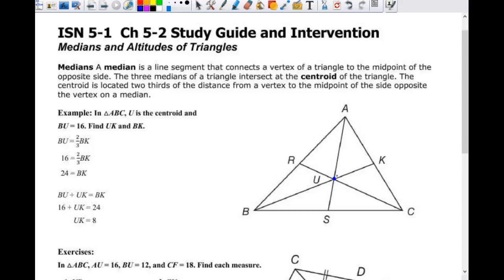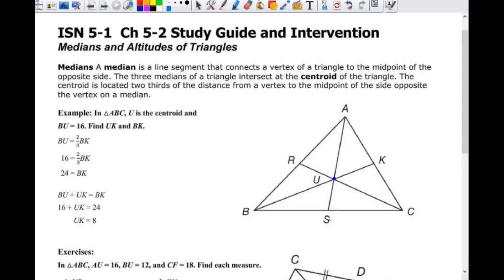Do you see how this line has a short portion and then a long portion? The long portion is 2/3 the size of the entire line. This would have to be 1/3 the size of the entire line.